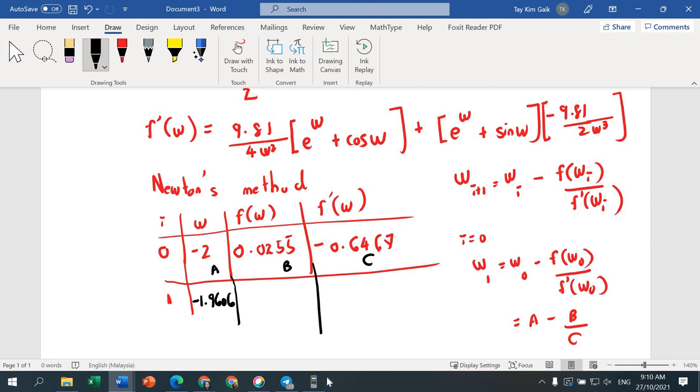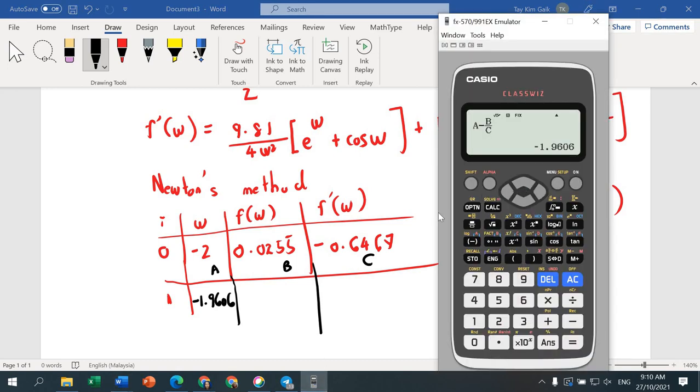-1.9606. Search back your f x. Because here you search back up 1 time, you get this formula. Up 2 times, you get f x. One more time, you get the function just now, which is 0.0255. Actually this value is stored in answer.